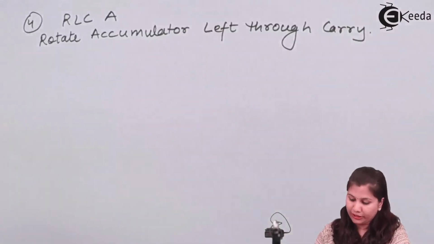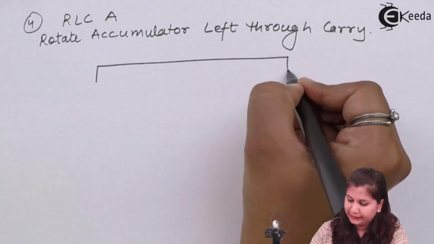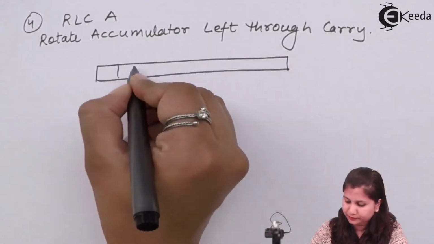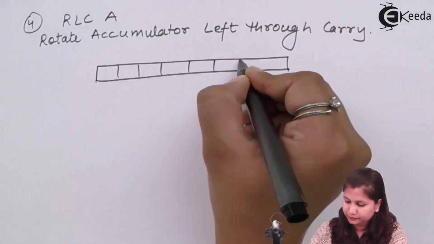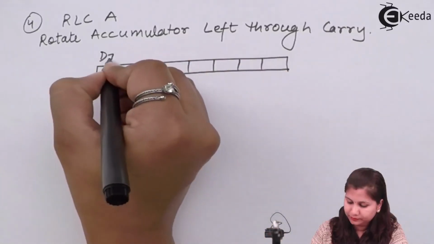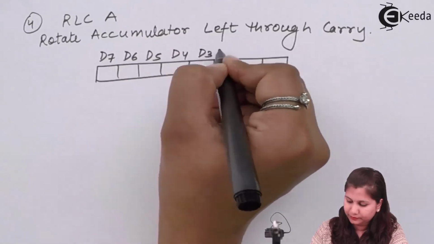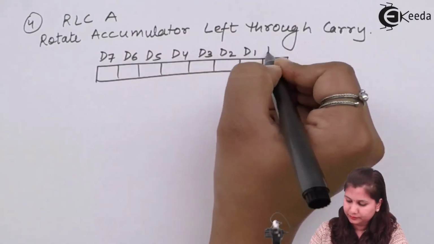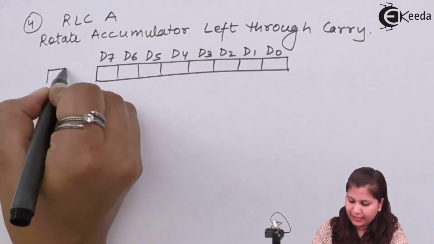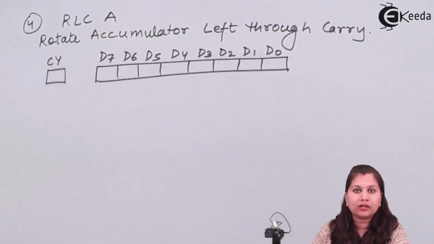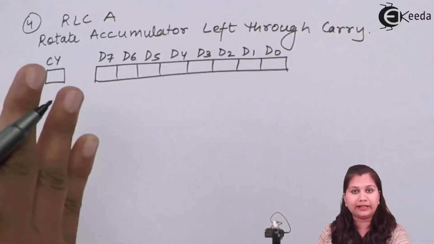Again the accumulator is an 8-bit register, and we have the carry flag here. Now the rotation is done towards the left hand side.